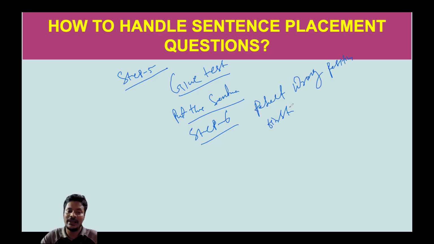So we eliminate wrong blanks, and that is also faster, especially under exam pressure, isn't it? So when you follow all these six steps, then only will you be able to draw the right option where the sentence can fit, right?